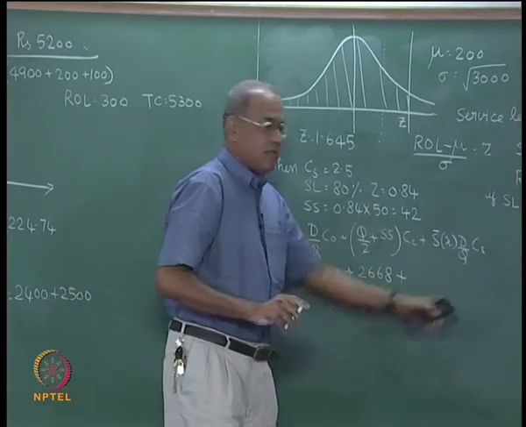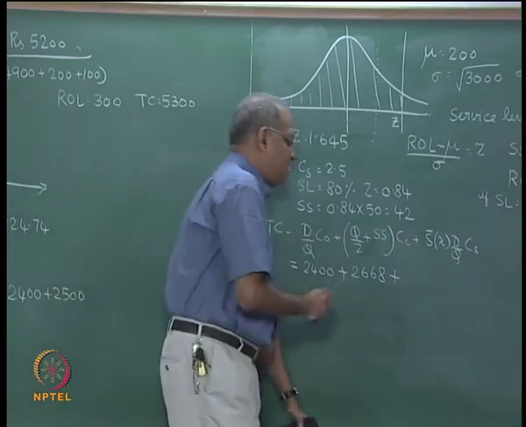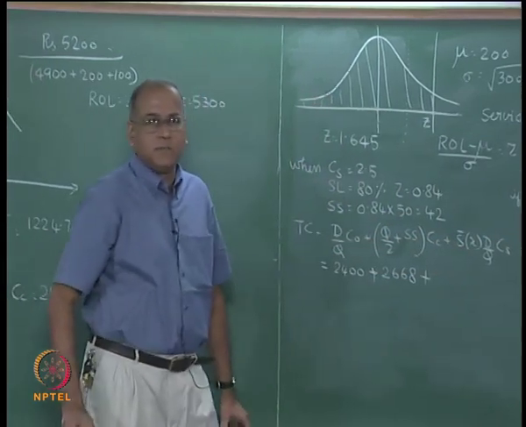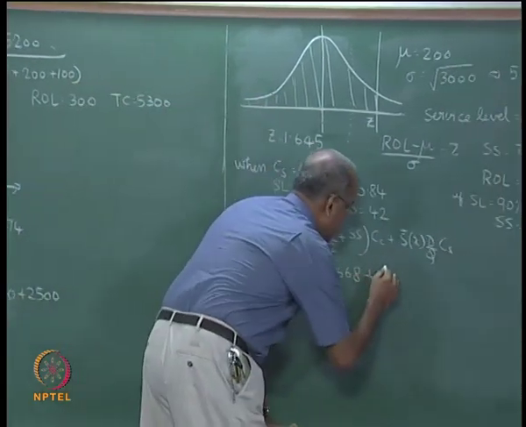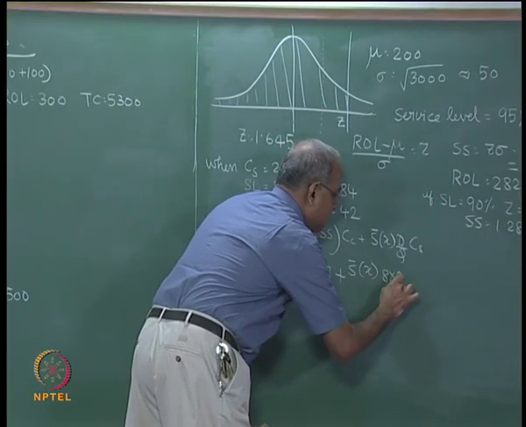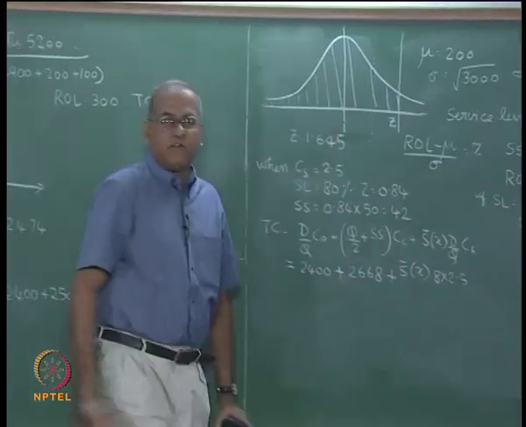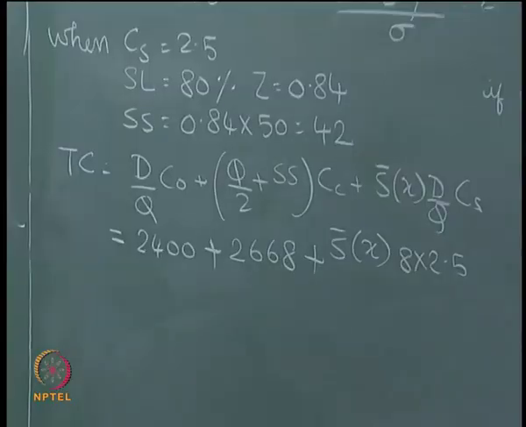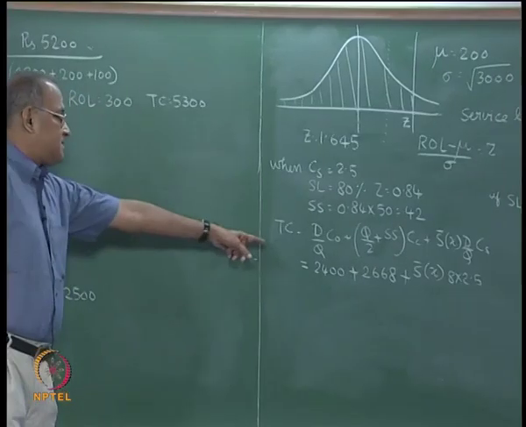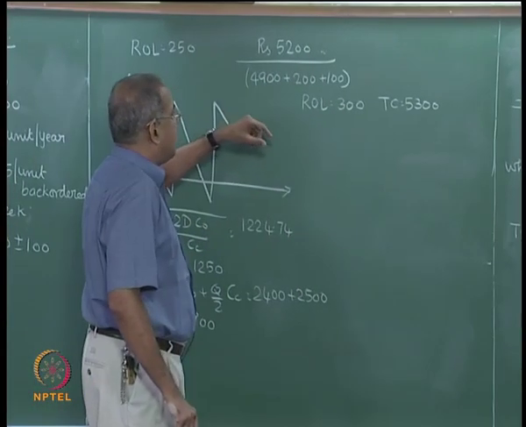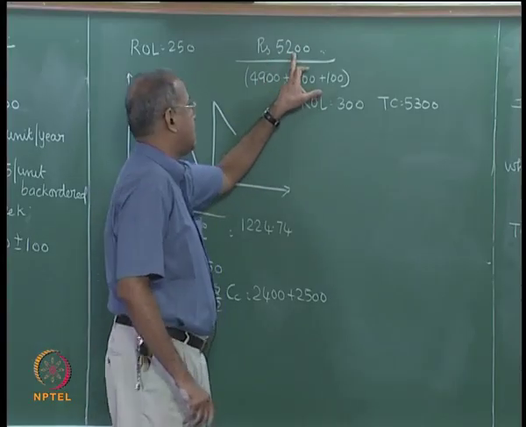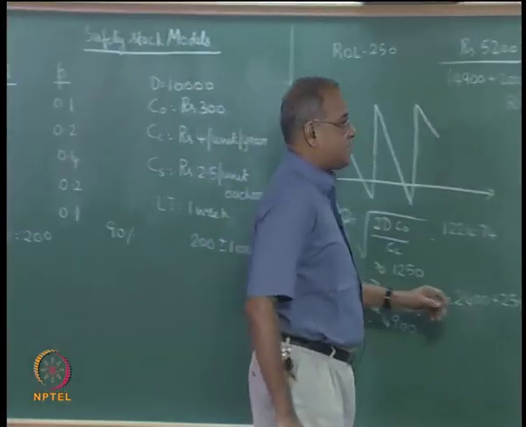Plus we need to find this out. In all this we know d by q, we know Cs, but we do not know this S bar of x. So this will become S bar of x into 8 into 2.5. If we remember carefully, these three terms are very similar to the terms from where we calculated 5200 for the discrete distribution.